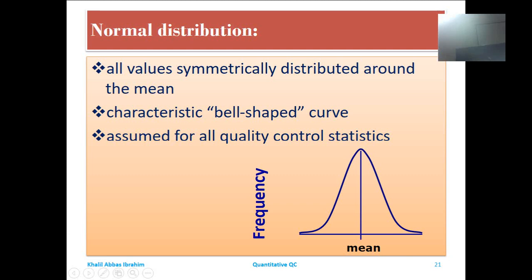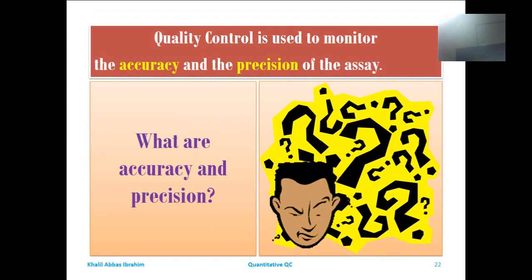This shape looks like a bell. This is assumed in quality control statistics all over the world, and it is a feature of a suitable analytical system adopted in laboratories. So if you obtain any shape other than this one, you need to analyze and assess your procedures, and for sure you'll find a defect or weakness somewhere.